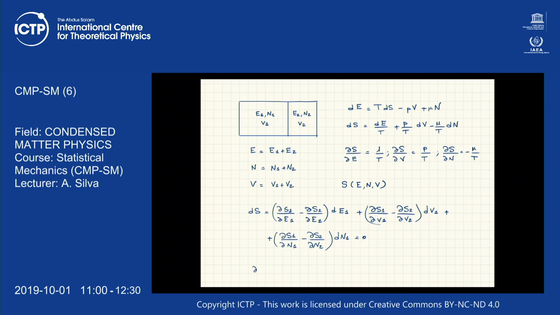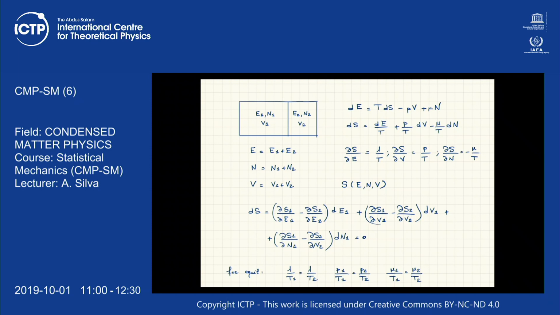So you will have to have, for equilibrium, 1 over T1 equal to 1 over T2, P1 over T1 equal to P2 over T2, and mu1 over T1 equal to mu2 over T2.